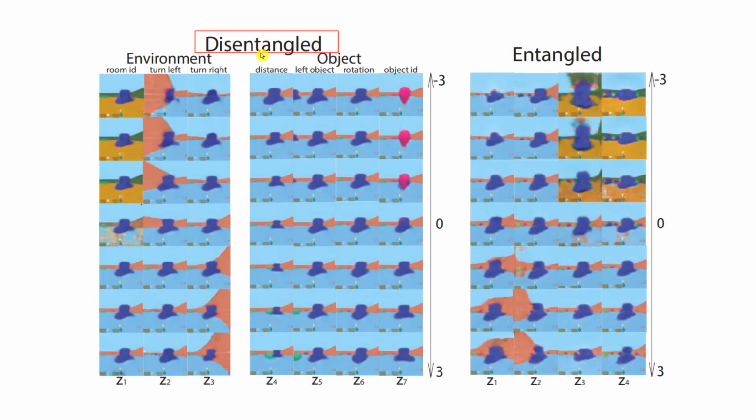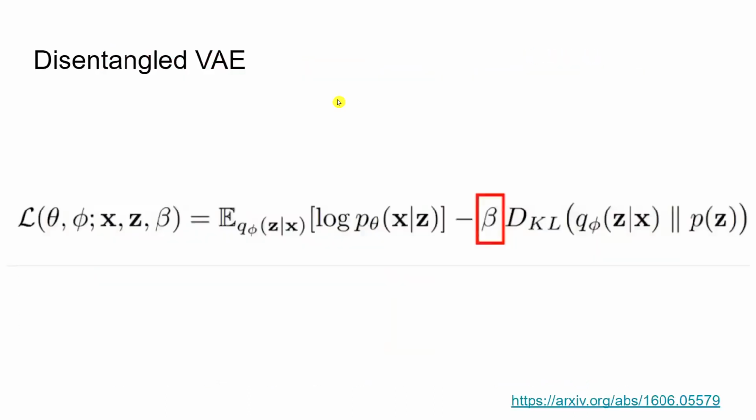Wait, Triet, I'm a bit confused here. What do you mean by entangled and disentangled? Did you explain it in a previous slide? This one, yes, this beta right here. What does that mean? This means how much you want the KL divergence to contribute to the loss function.